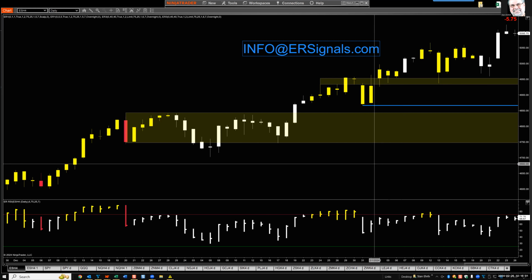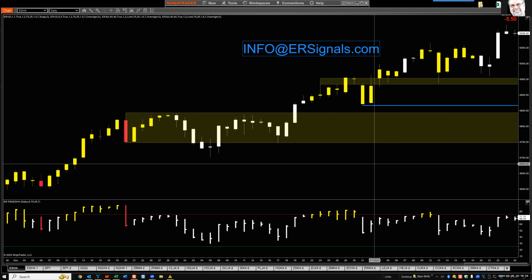Using NinjaTrader, I have my strategy loaded, so it's turning candlesticks a different color than you normally see. You normally see red and green simply because of the close of the trading session, which could be a daily chart, like this chart's daily, or an hourly or 5-minute.